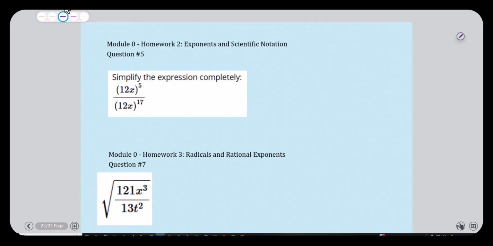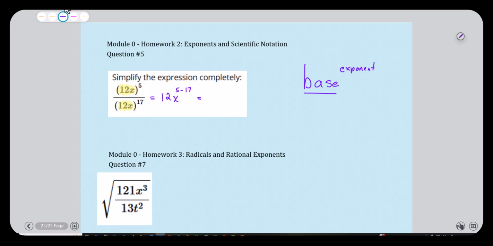And there's this kind of cool thing with exponents that if your base is the same, and that's your exponent up in the air, if your bases are the same, and I don't know about you, but 12x and 12x are the same, there is a rule of exponents that says you can keep the same base and you can subtract the exponent.